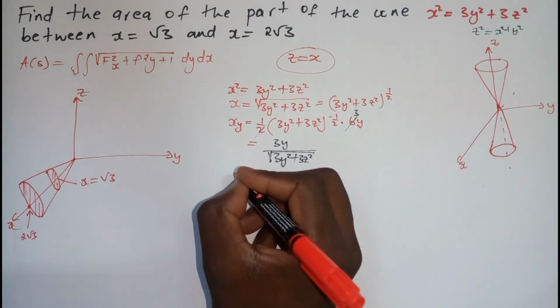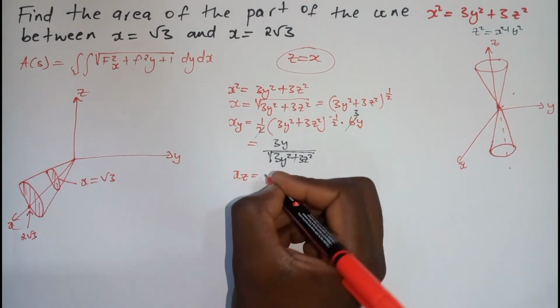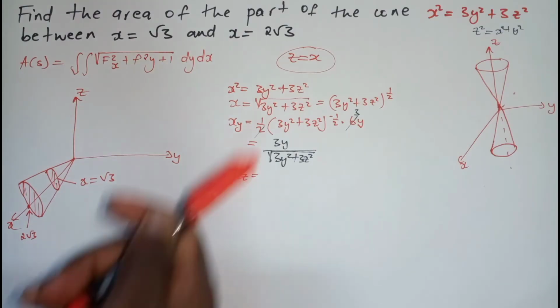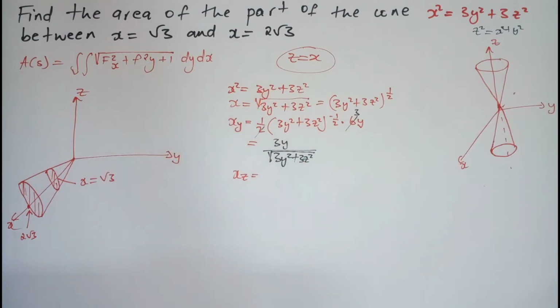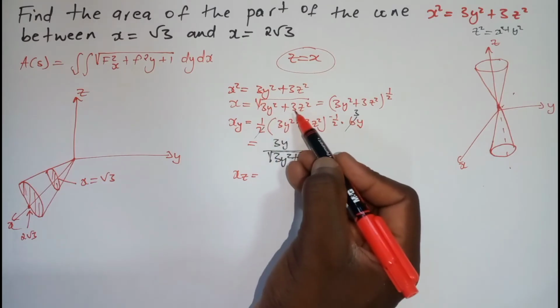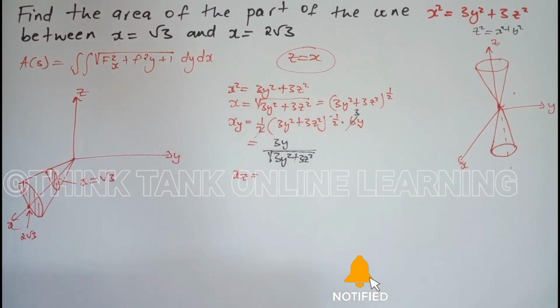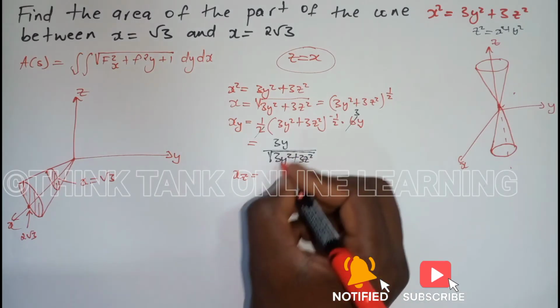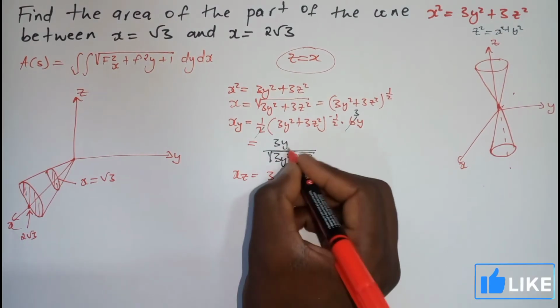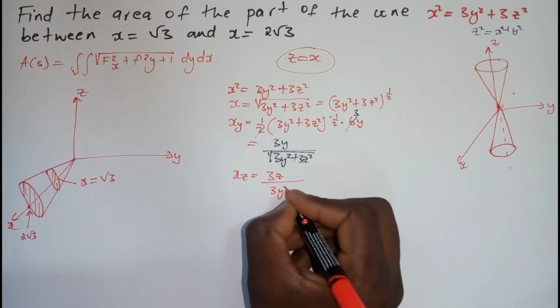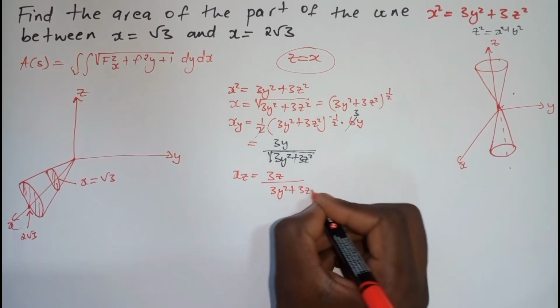Now going to xz. Okay, now for xz, as you can see, it's just the same. We're just moving on to z, but z has the same values as y. So I'm not going to waste your time, I'm just going to repeat that. So I'm going to write the 3, but in this case it's now z divided by the square root of 3y squared plus 3z squared.